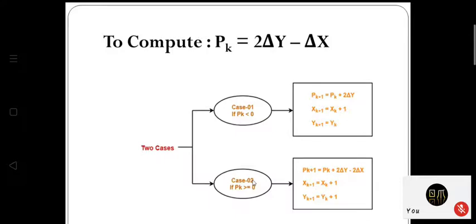This will be the next decision parameter. And for x and y values, simply add 1 to both x and y values. This is how the x y values and next decision parameters are computed.